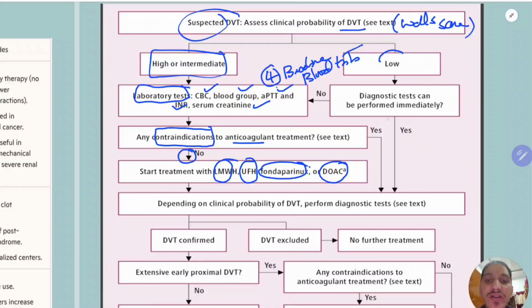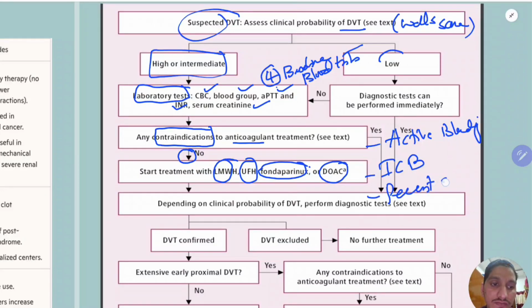What are the contraindications to anticoagulant treatment? Any active bleeding, for example peptic ulcer, or intracranial bleed, or history of stroke or surgery within 3 months, or if the patient has thrombocytopenia with platelet count less than 50,000.